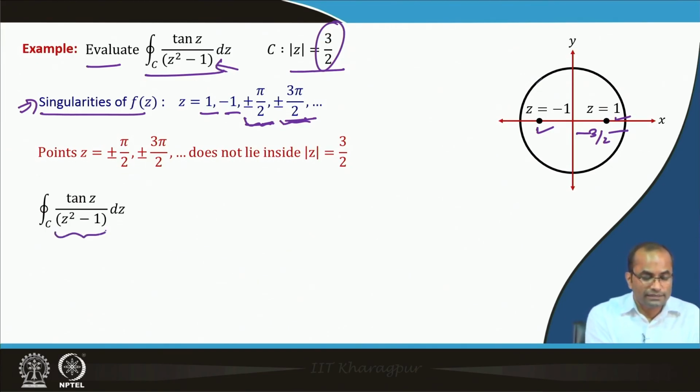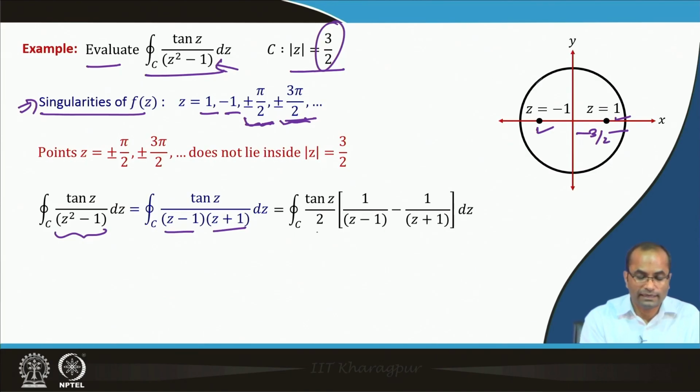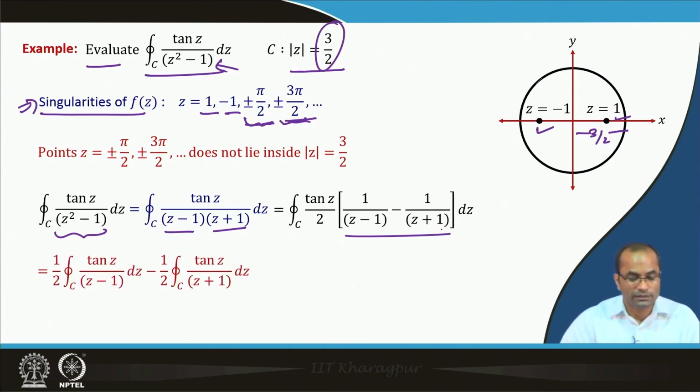Here we have tan z over z squared minus 1. We can write z minus 1 and z plus 1, and then take the partial fractions, 1 over z minus 1 and 1 over z plus 1, with a half.